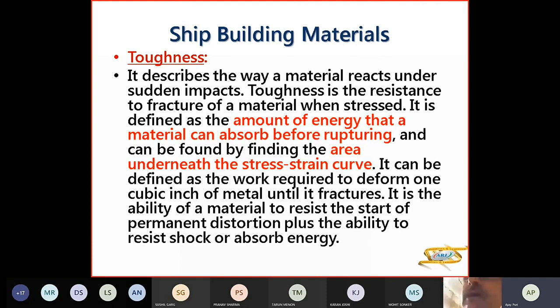Or it can be defined as the amount of energy which can be absorbed before the material ruptures. A second definition is the area underneath the stress-strain curve. The third definition is the work required to deform 1 cubic inch of metal until it fractures. So it is the ability of a material to resist the start of permanent deformation plus the ability to resist shock or absorb energy.